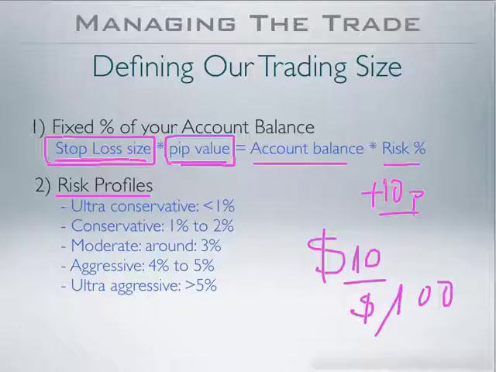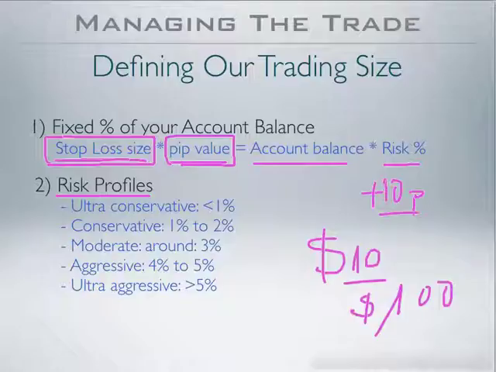If you are trading the euro against the Japanese yen, or the American dollar against the Swiss franc, or the sterling pound against any other currency pair, it doesn't really matter. Every different currency pair has its own particular pip value. So you need to take that into consideration.